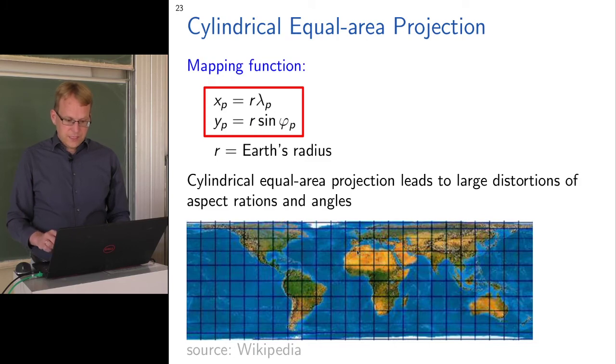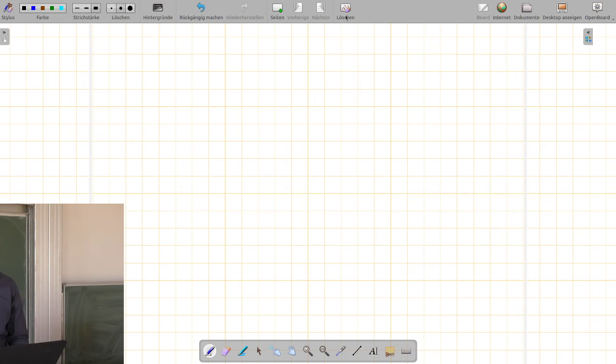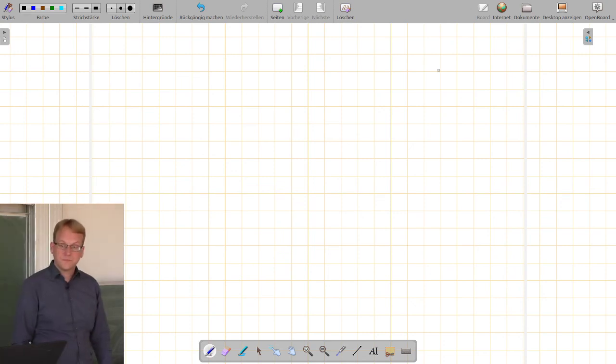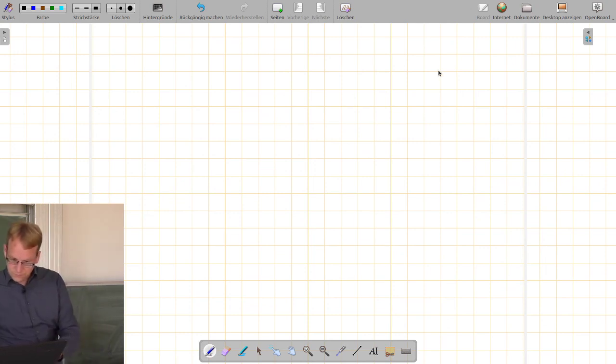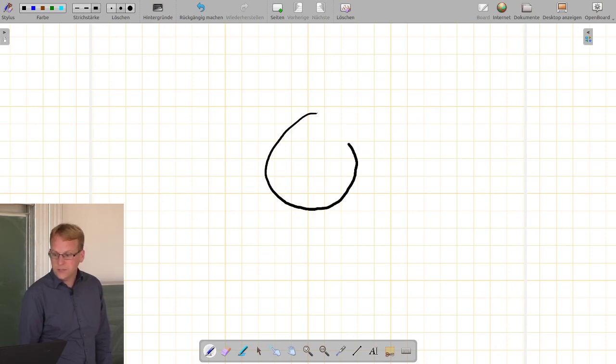Right, before I come to the next slide, I would also again like to switch to the whiteboard. Well, this is kind of messy now, but I can clear it like that. Just to give you an impression how this equal area map projection actually works. Okay, so here we have our Earth, should be a sphere.